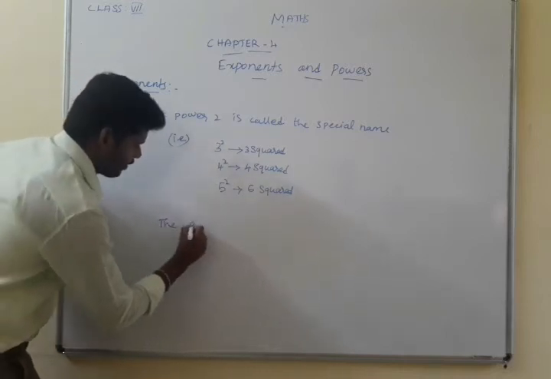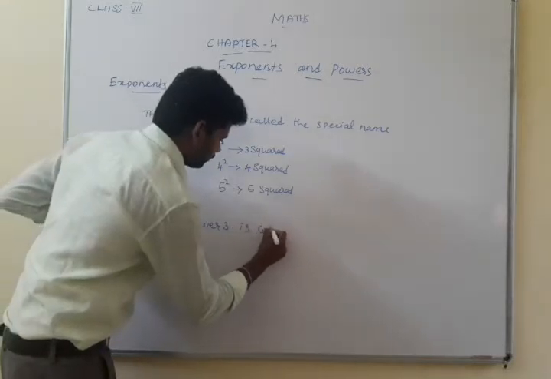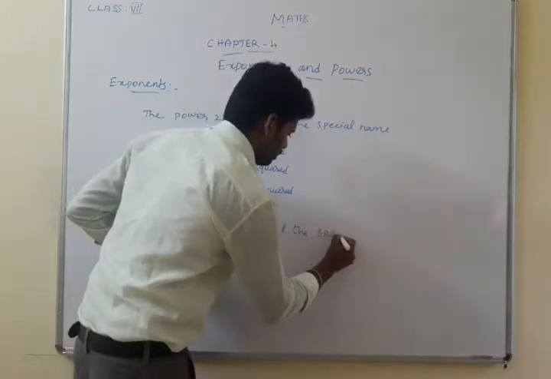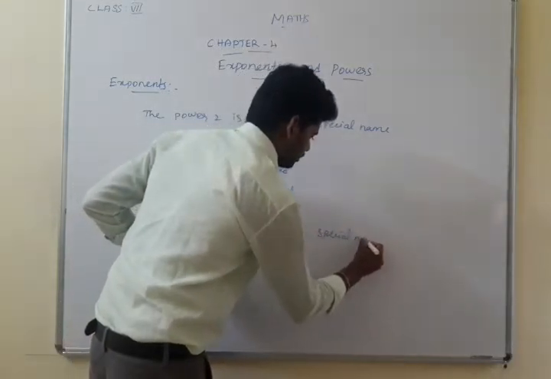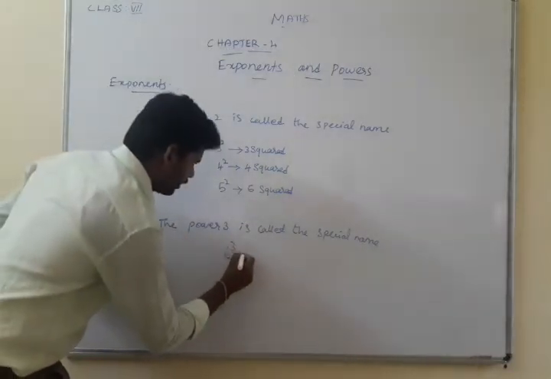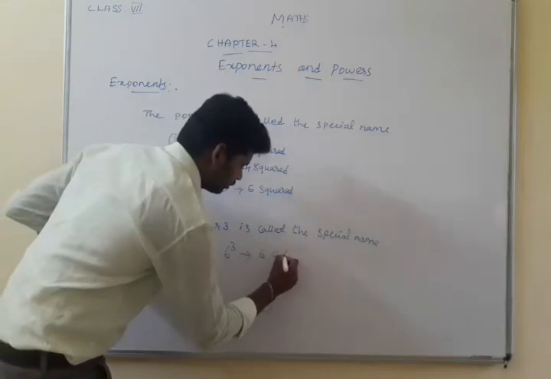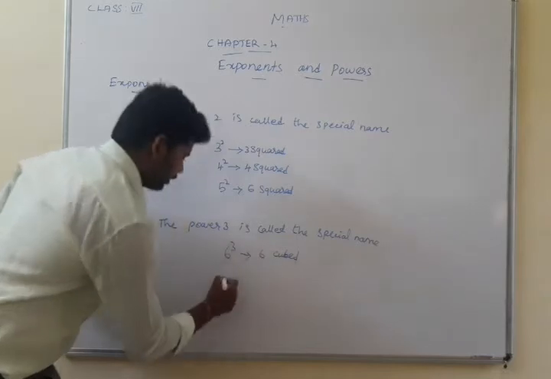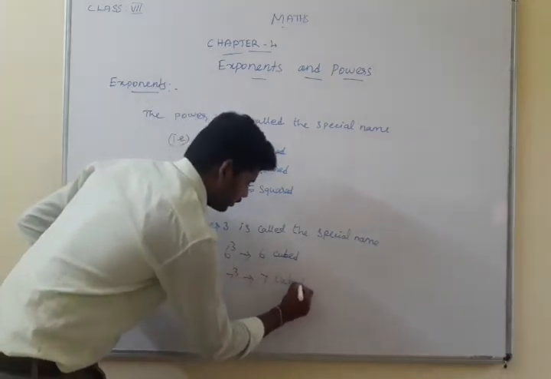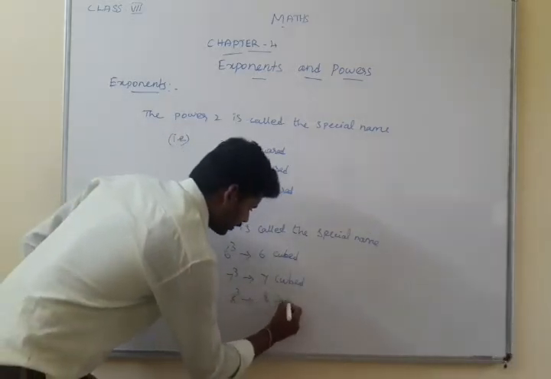In power 3, how do we say it? 6 power 3 is 6 cubed. 7 power 3 is 7 cubed. 8 power 3 is 8 cubed.